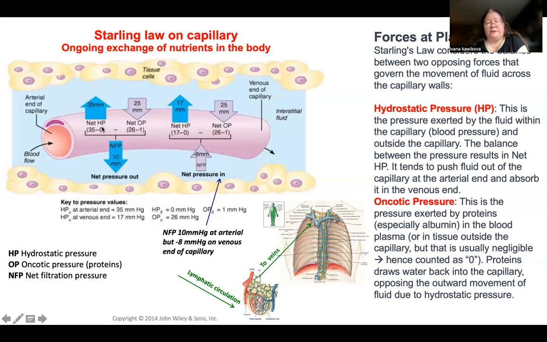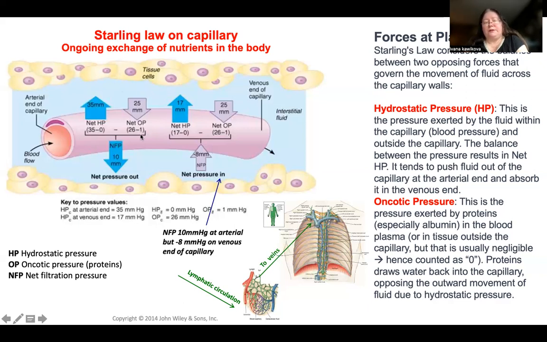So we have net hydrostatic pressure, 35 millimeter mercury. We also have something called oncotic pressure, and this is the force or the ability of proteins, especially albumins, to hold on water. So in the plasma, we have proteins, and as they hold the water, they express the oncotic pressure. So they have the oncotic force, and inside the vessel it is 26, and then we have some proteins also around the vessel.